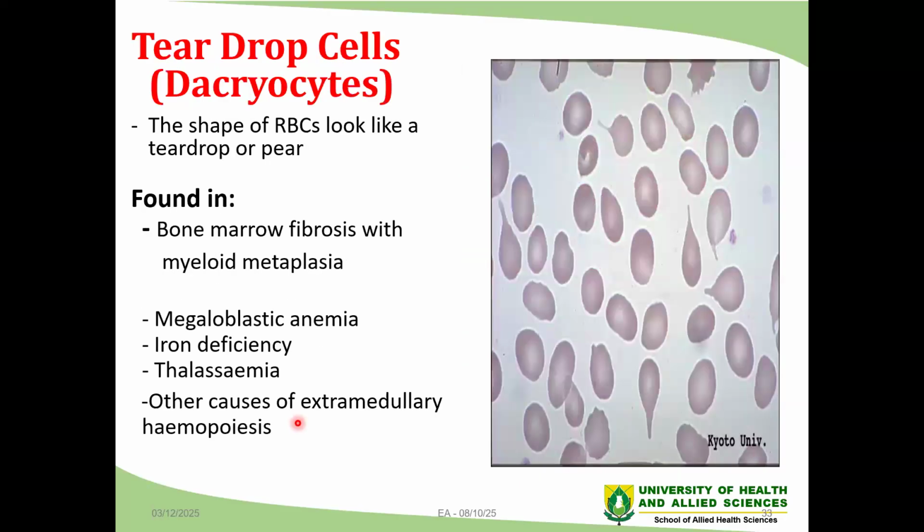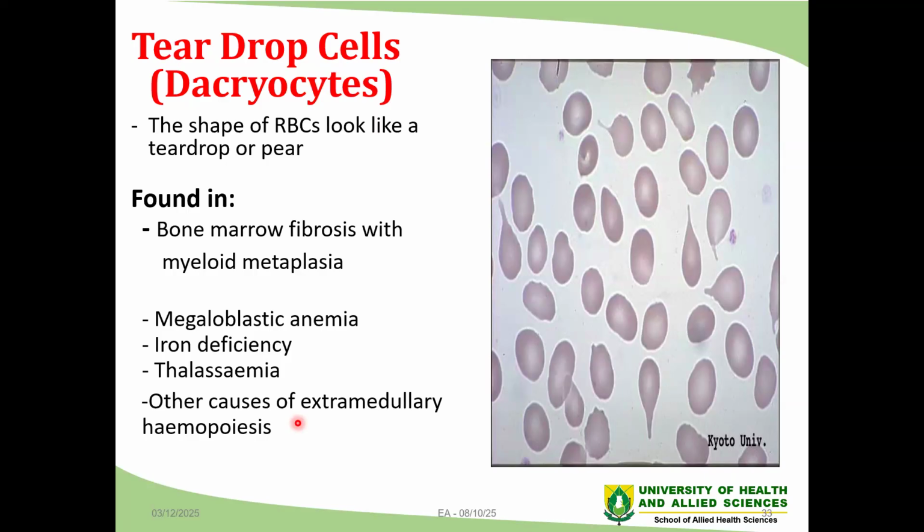Then we have the dacryocytes, which we popularly call teardrop cells. We call them so because of the way they look, either pear-shaped or like a tear.